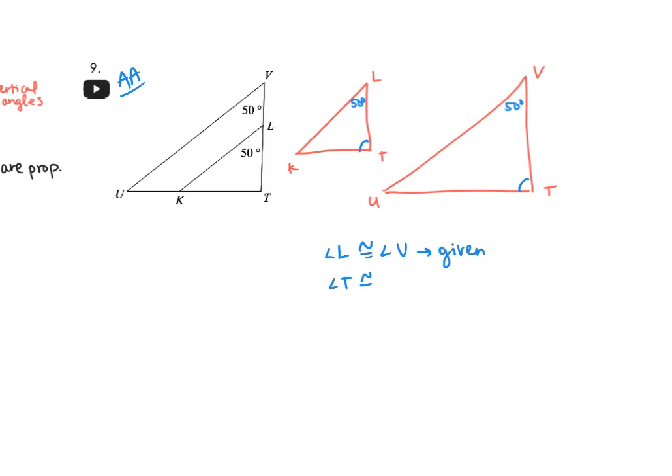So angle T is congruent to angle T, and the reason is it's a shared angle. Well, there are two angles, which means that the two triangles are similar by angle. So writing my similarity statement, I'm going to say KLT. So KLT is similar to UVT.